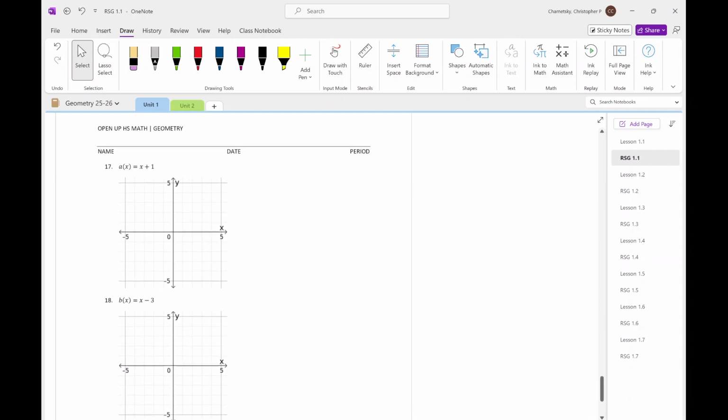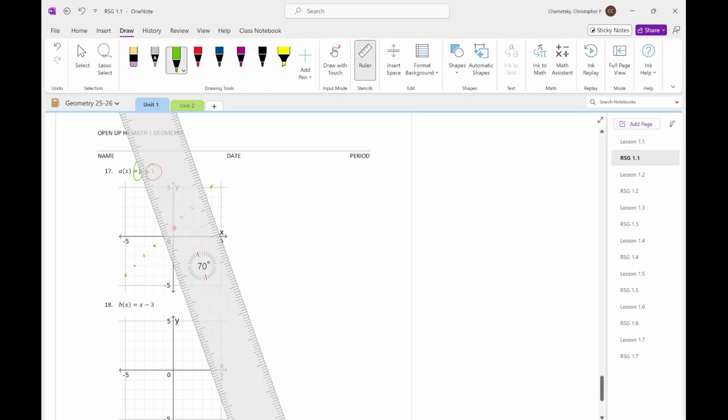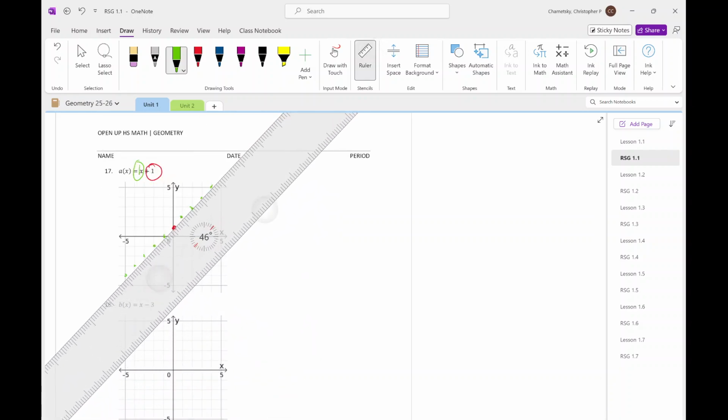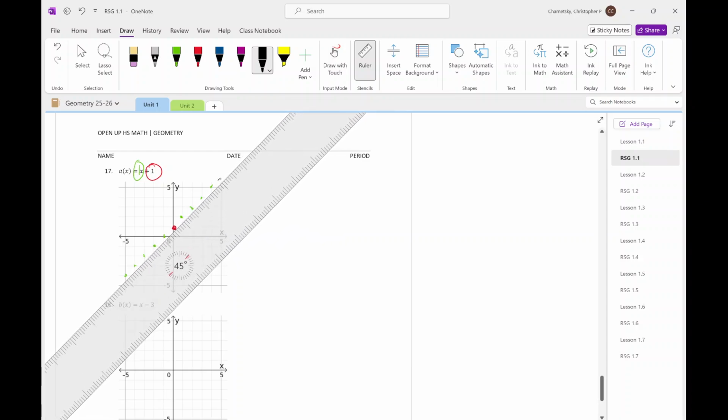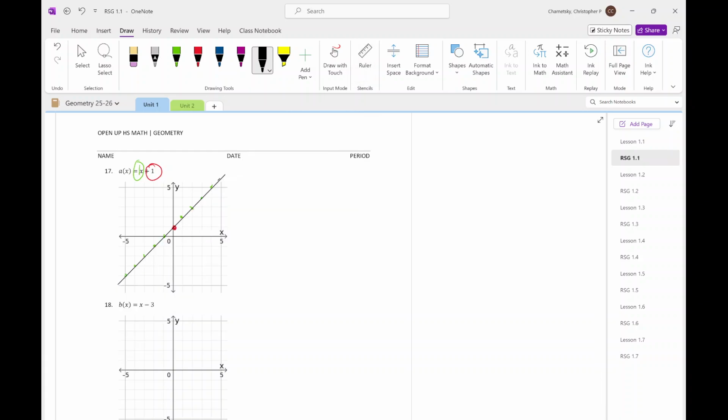All right, and then our last two. The y-intercept is 1 for the first function, and then our slope. Well, we can't see here, but there's really a 1 in front of that, so it means the slope is positive, up 1 over 1. Up 1 over 1, up 1 over 1. There we go.